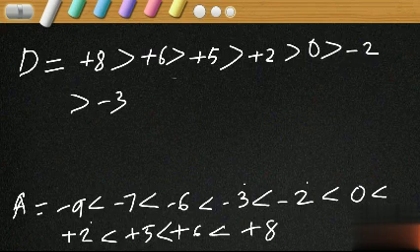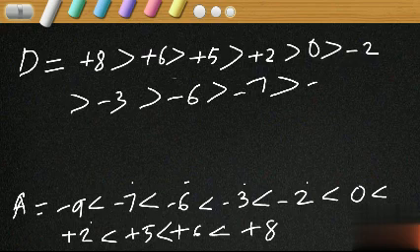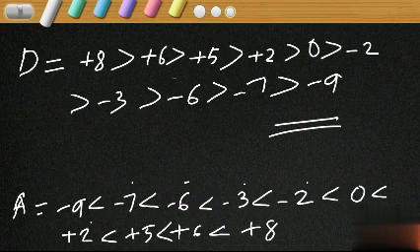Then -6, greater than -7, greater than -9. This is the required. +8, +6, +5, +2, 0, -2, -3, -6, -7, and finally we have -9 as the smallest integer among these. Okay, is it clear?